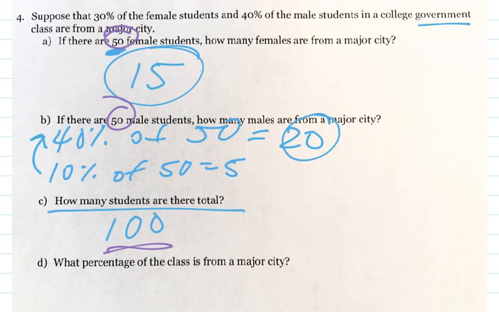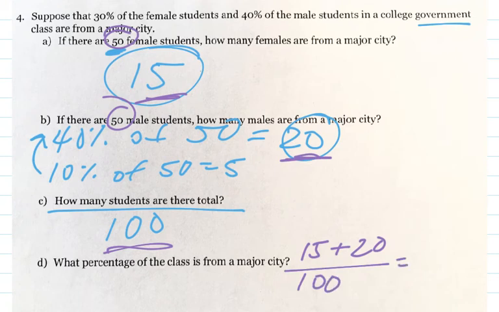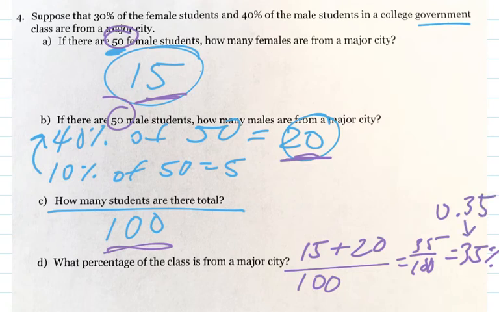Well, I'm going to do 15 plus 20, so all the students who are from major cities, divided by 100, which equals 35 out of 100, which is 35%. Now, if I do 35 divided by 100, I'm going to end up getting 0.35, and then multiplying that by 100, we get 35%. Okay, so I kind of skipped a step in there because I noticed that this was already out of 100.